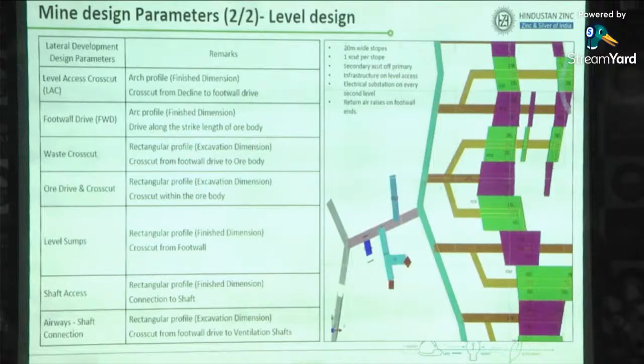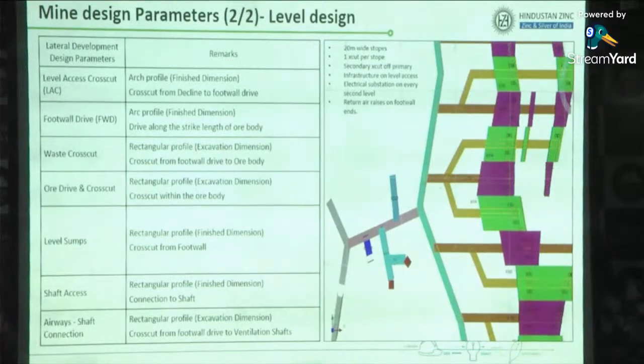We are working at a certain depth, and we have to make our footwall drive safe. So we are keeping this footwall drive very far, 45 meters away from the main ore body. 6 meters, sir. Yes, sir. For every level there is a restriction.